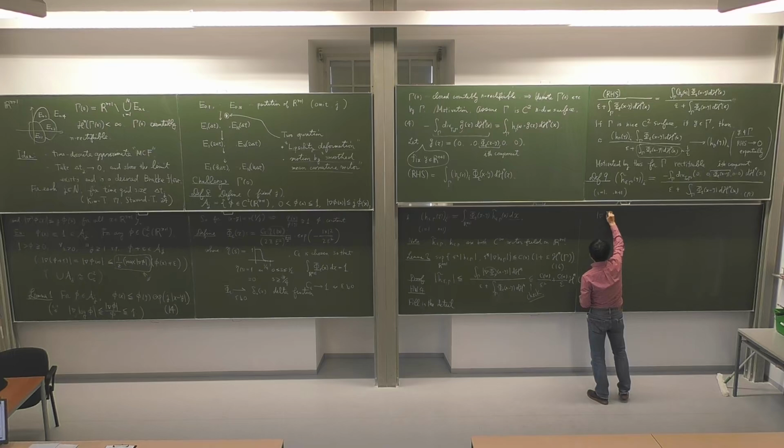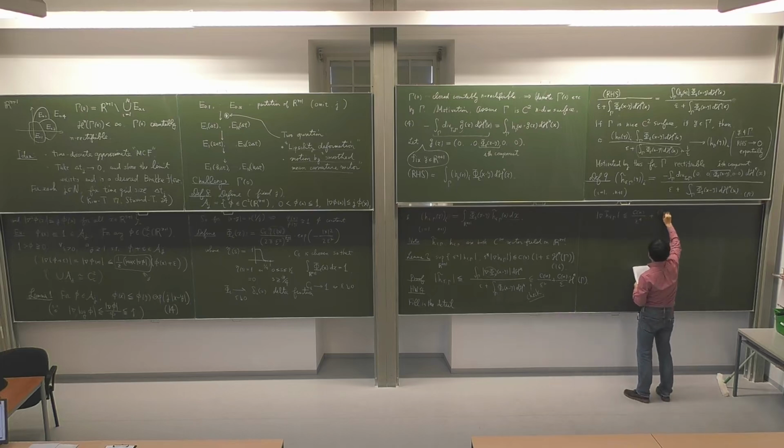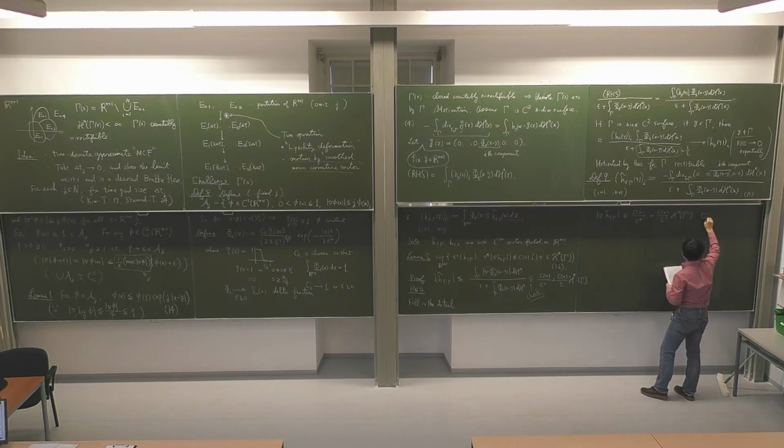And also the gradient of H tilde is more or less the same. Again, you can check that this is less than C_n, just by following the same type of computation, epsilon cubed H^n of gamma. So that's about it.